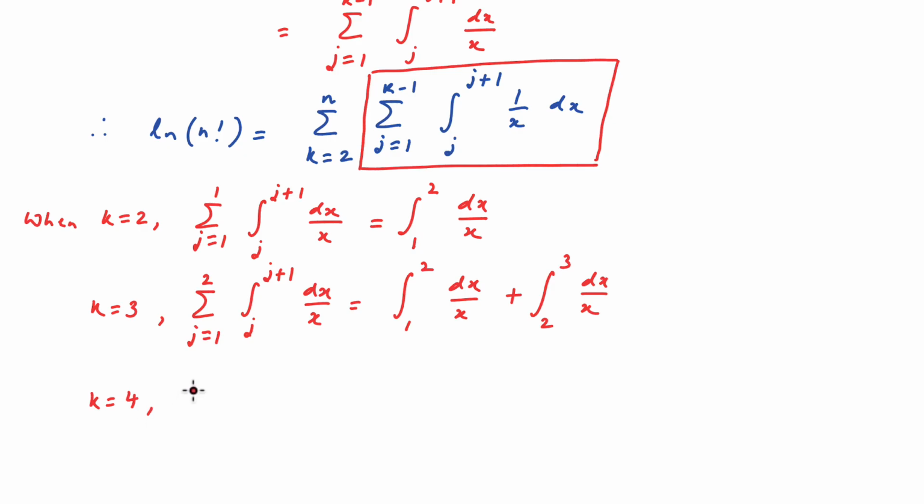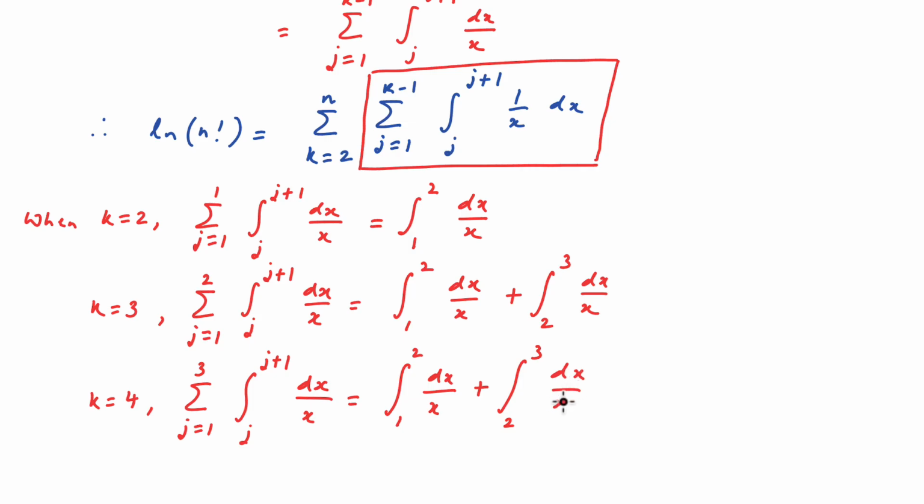Similarly, when k is equal to 4, the expression on the inside becomes summation j going from 1 to 3 integral j to j plus 1, 1 upon x dx, which expands to integral 1 to 2, 1 upon x dx plus integral 2 to 3 dx upon x plus integral 3 to 4 dx upon x.